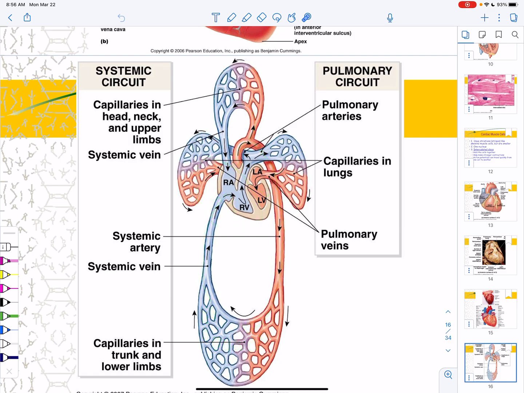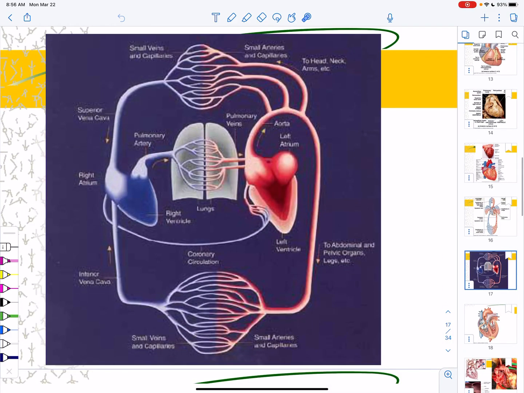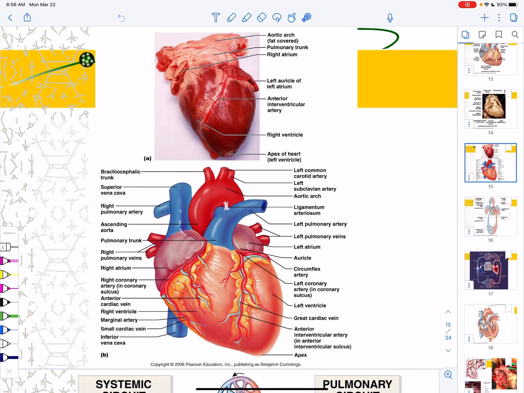So it's really important that we understand that this is two pumps. The two pumps, the right and the left, and they both send the blood to different places in the same circuit.